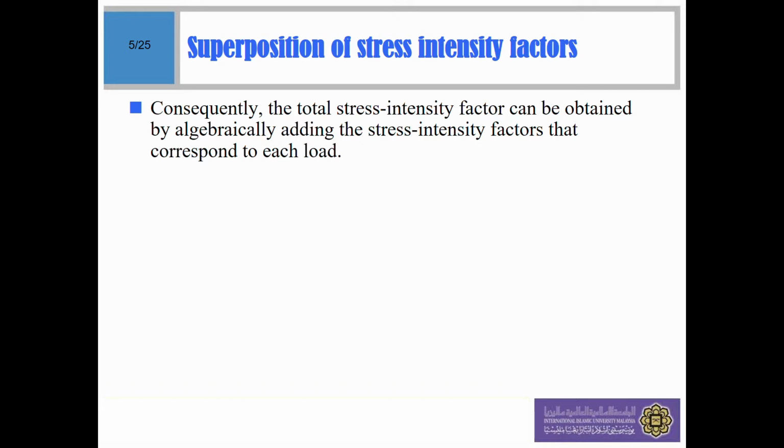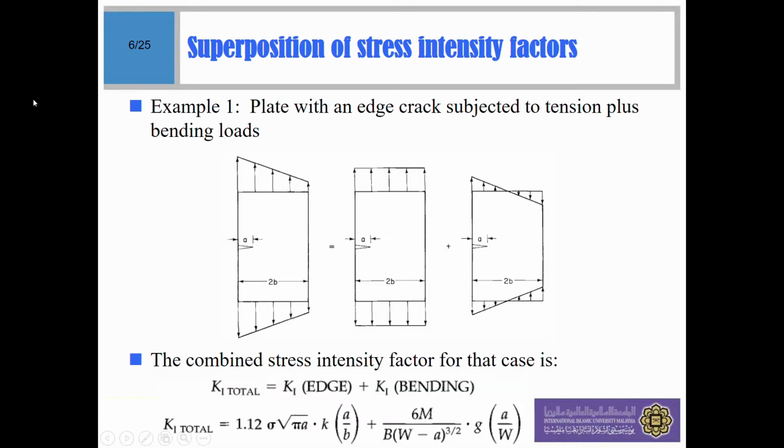Let me see this example. This is example one, a plate with an edge crack subjected to tension plus bending loads. This is a plate with an edge crack, where we determine the crack length as A, and the width of the plate is measured as 2B.